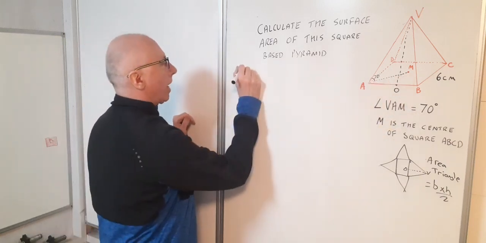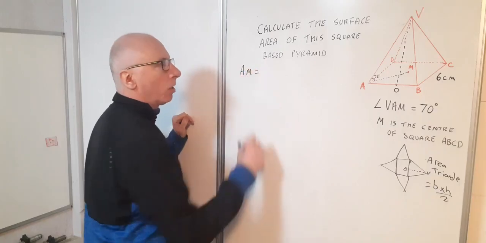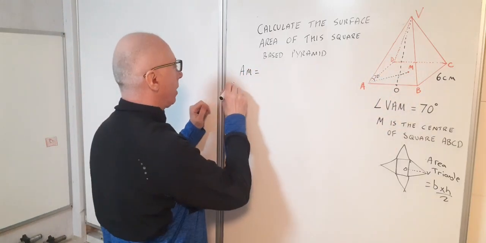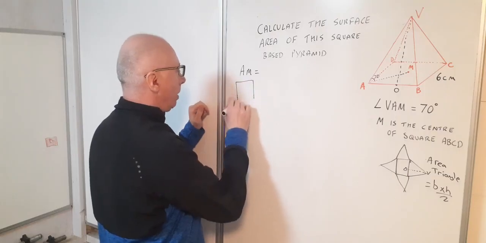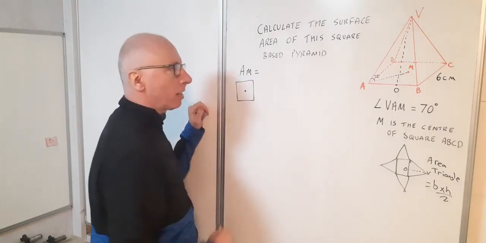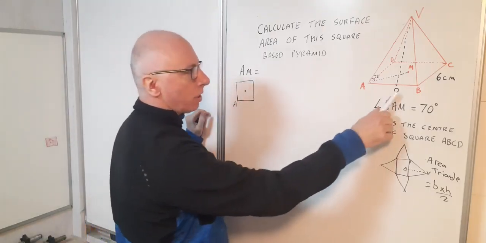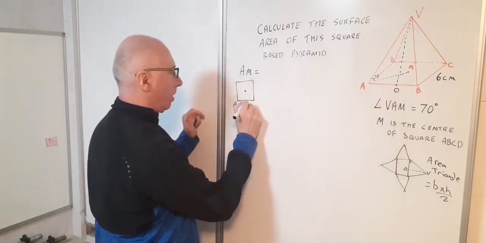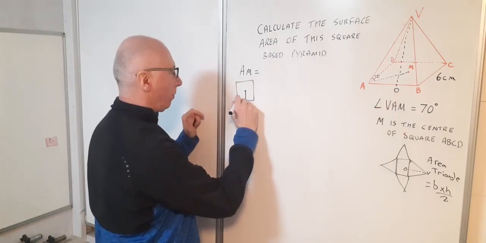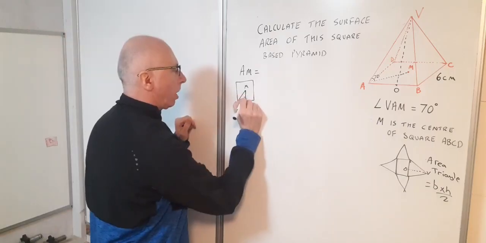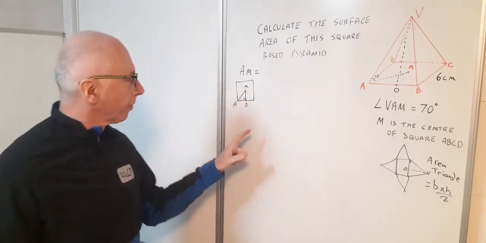So finding AM, let's do that here. Well, there we've got a square. Let's just draw that. And we've got our midpoint M, that's in the centre. This is our A. And then let's use this point O. That's halfway across. If we want to find that length there to point M, we've now got ourselves a right angled triangle.